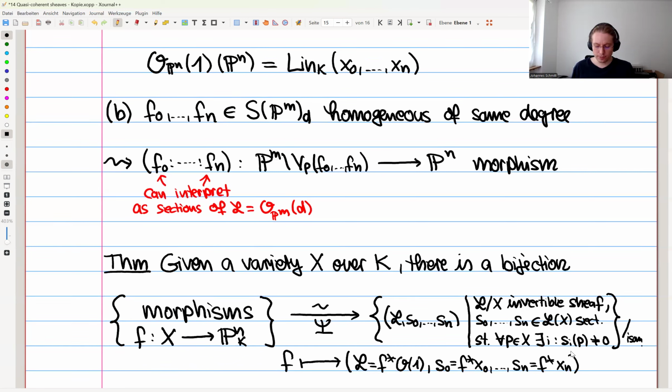So we again see this property, they shouldn't all vanish at the same time. And you take such things up to isomorphism, which we're going to see in a second.